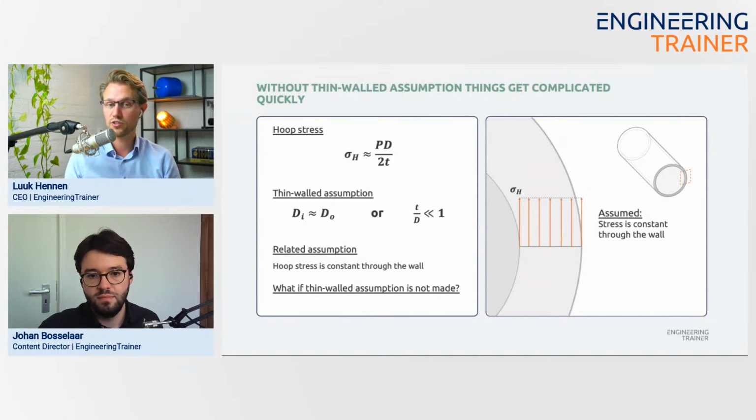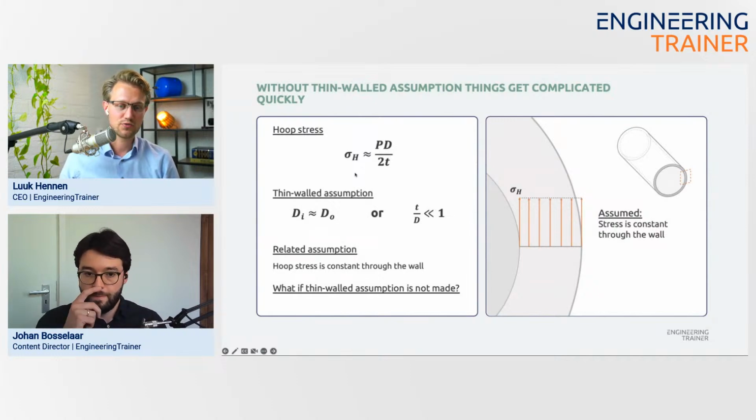If you derive this equation, a certain assumption is made, which is that the inner diameter is close to the outer diameter, or in other words, that the thickness divided by the diameter is much smaller than 1. Only if you make that assumption can you get this very simple, clean equation.